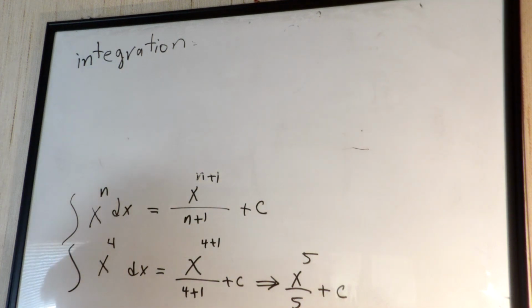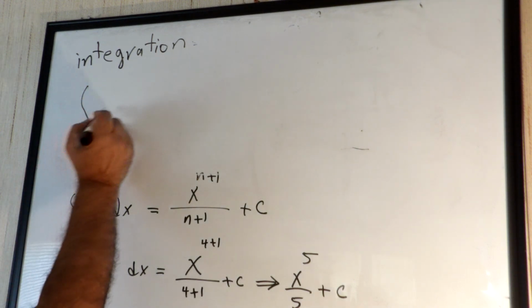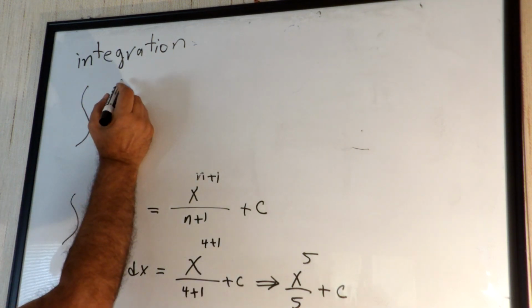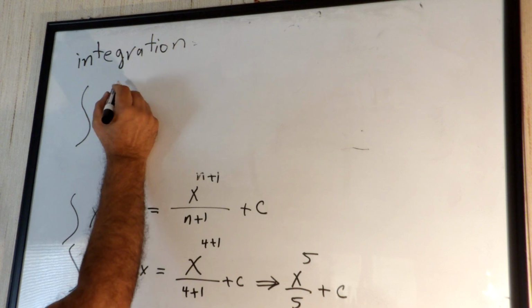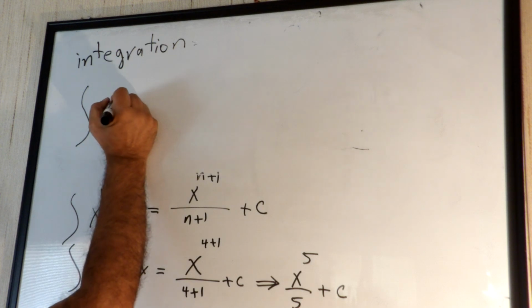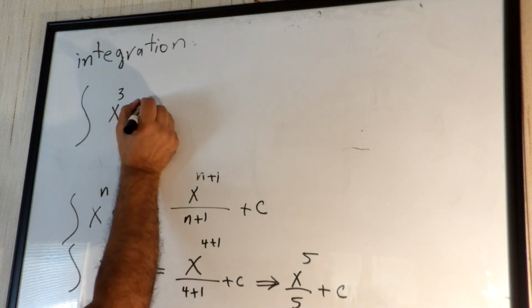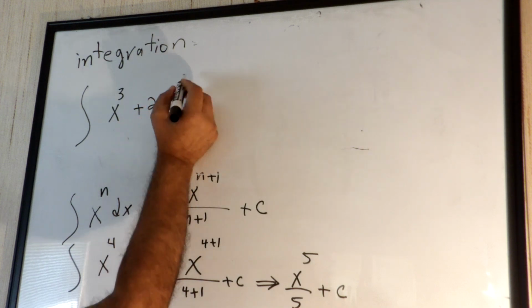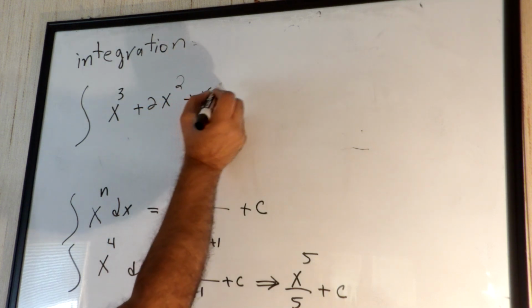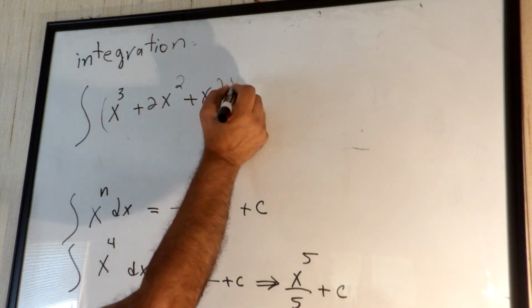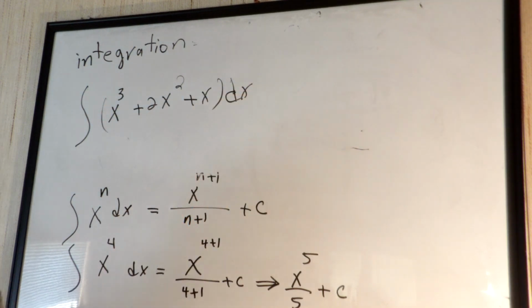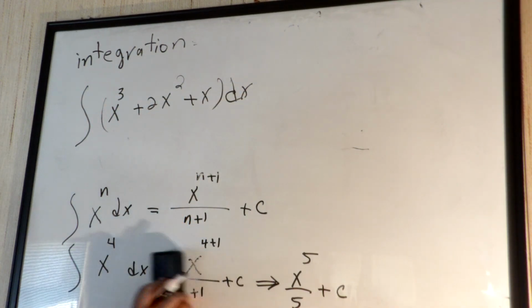So if you have something like x cubed plus 2x squared minus x, what's going to be the integration of this one?